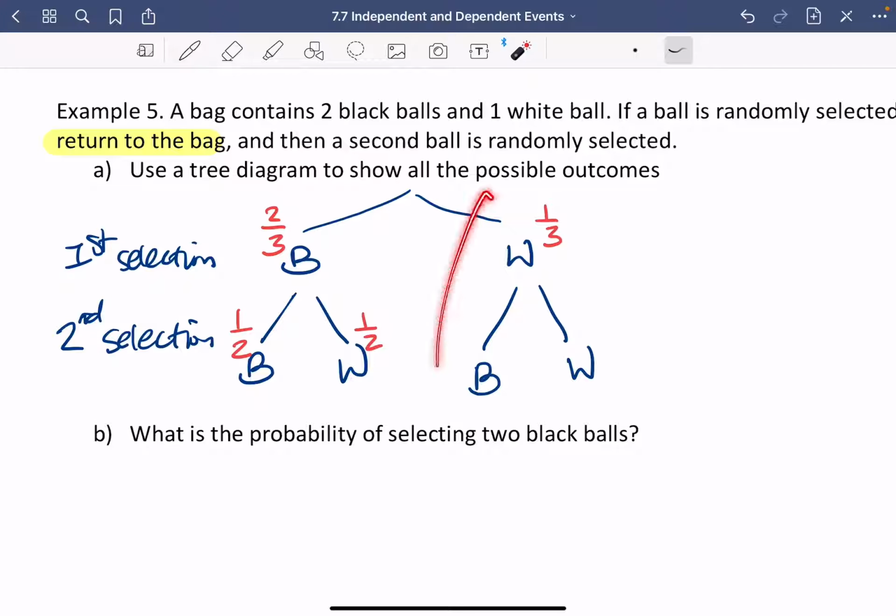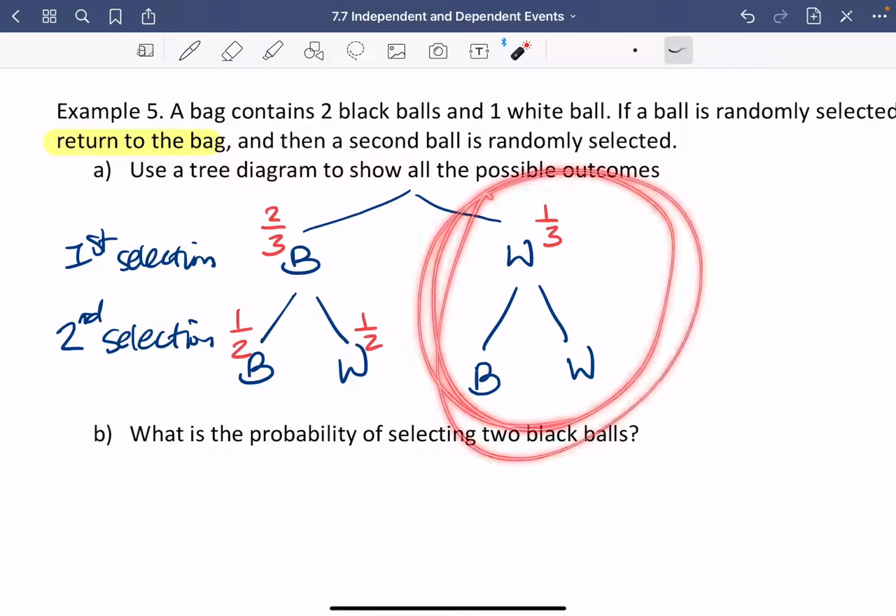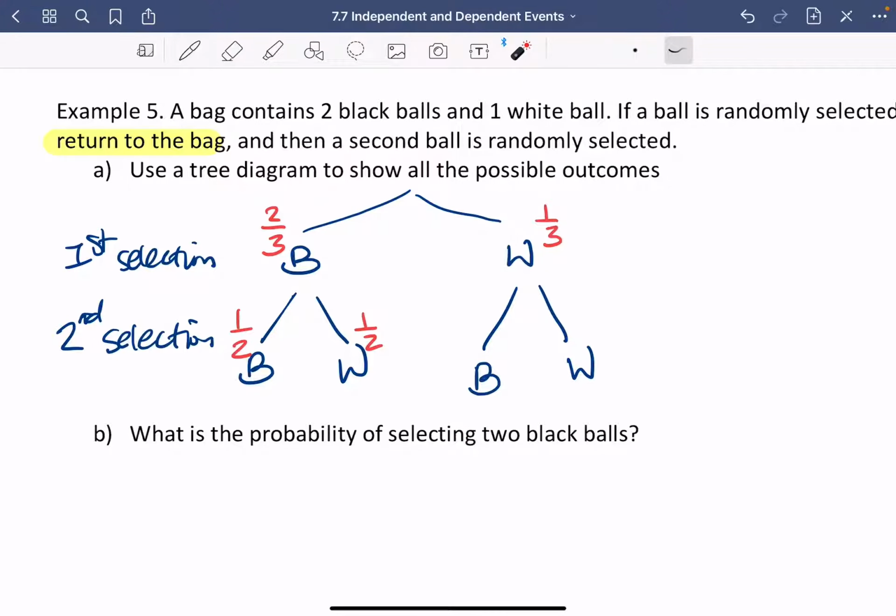Now look at the second branch here. If the first ball you pick is a white ball, then in the bag you would only have black balls left. Okay, so the chance of getting a black ball is 2 over 2. 2 black balls you can choose out of 2 total balls.